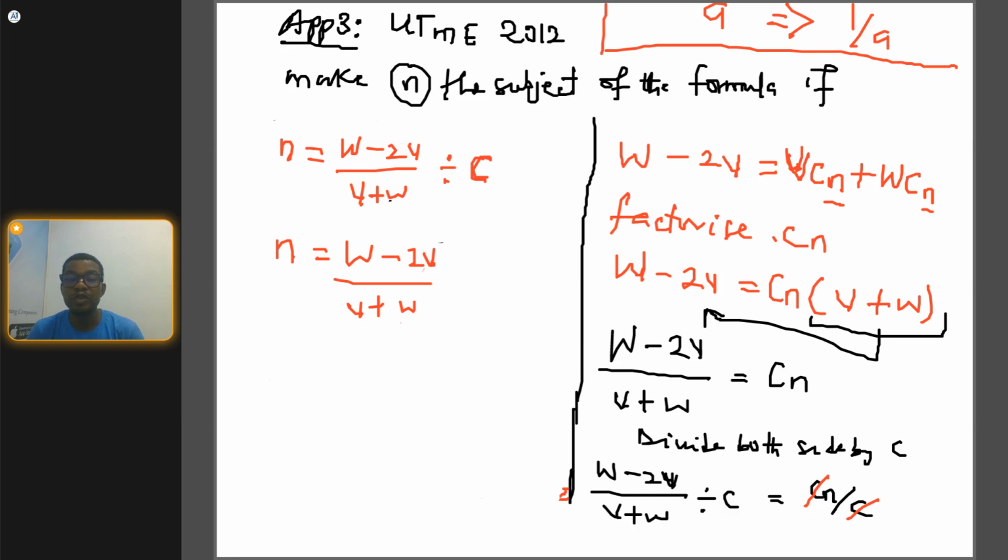A. So what's going to be the reciprocal of C? 1 over C. Okay, any other response? The reciprocal of C is 1 over C.